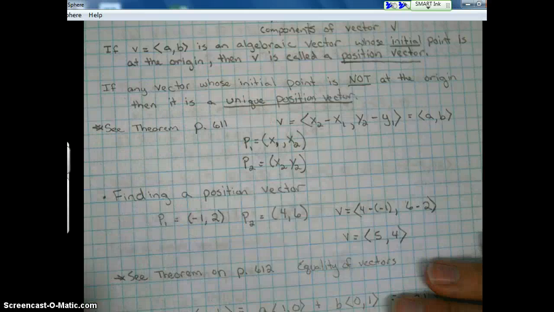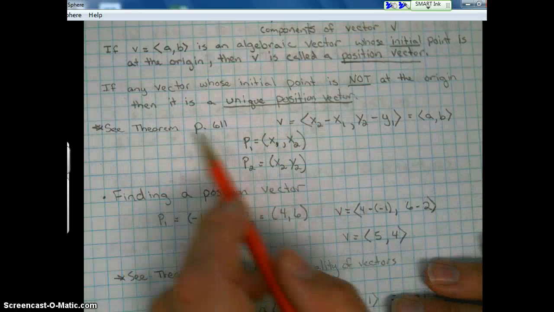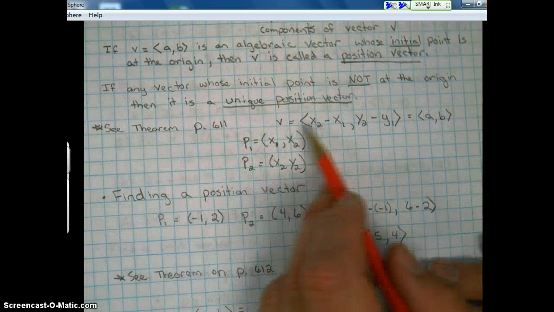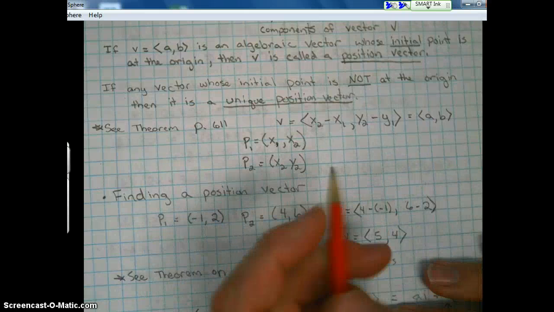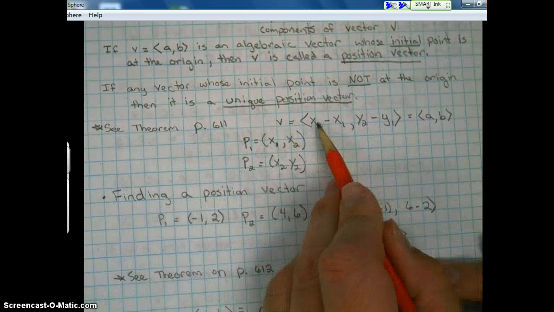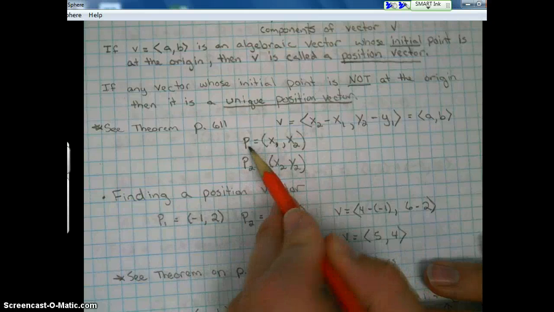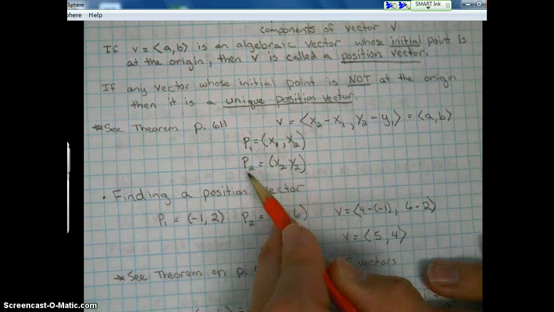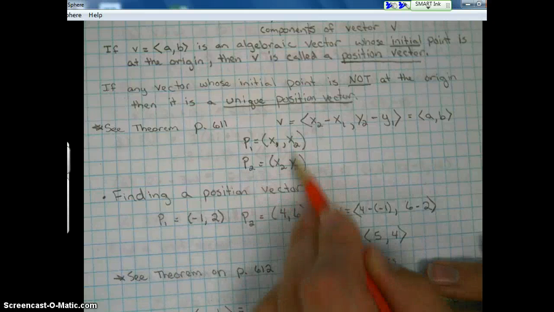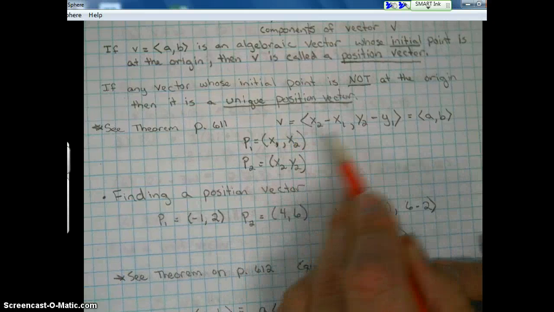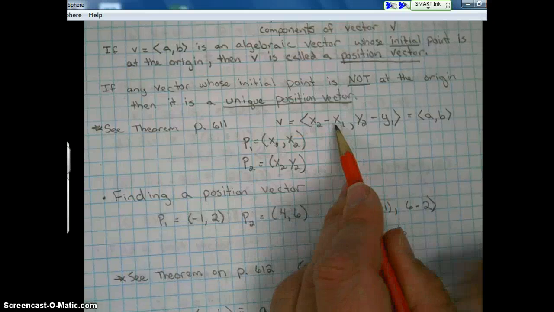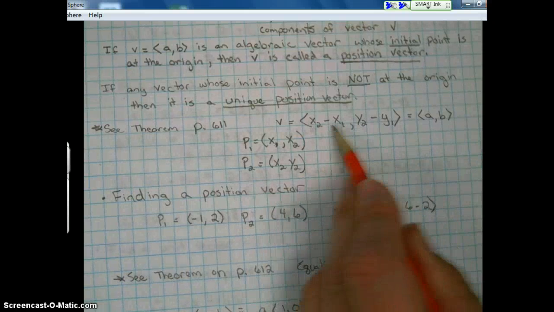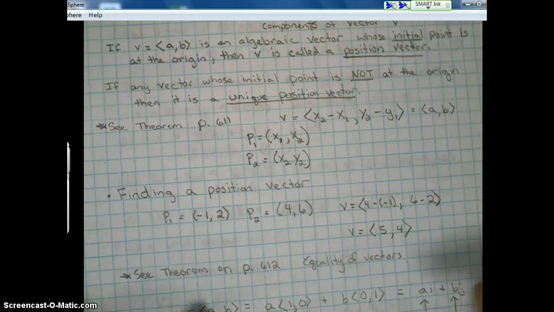So, how do we write a vector using algebraic terms? Well, you have your initial point and your terminal point on the vector, and this is the formula that you use to get the algebraic components. So let's look at an example.